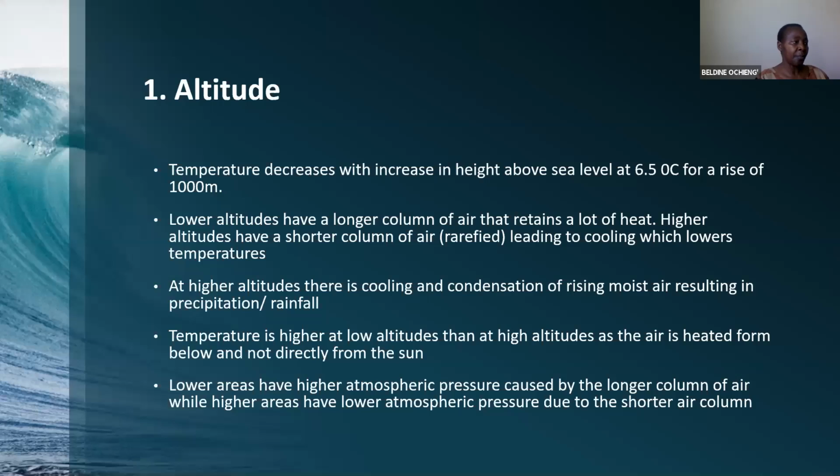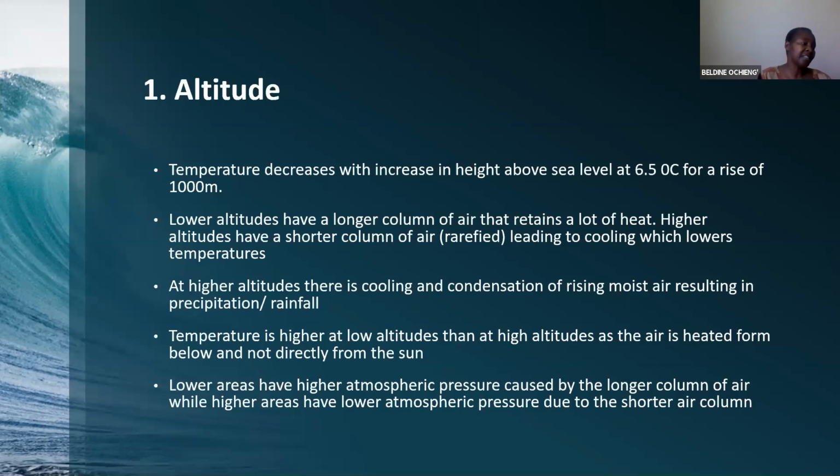Larger column of air down on the slopes, the lower area. Smaller, narrow column of air, which is rarefied. Rarefied is from rare items, whether dust, particles, they are rare, leading to cooling, which lowers temperatures.